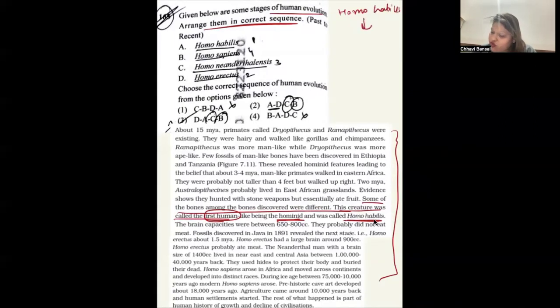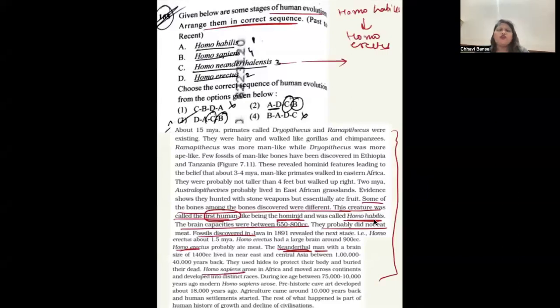After Homo habilis, they found the fossils of Homo erectus. So second is Homo erectus. Third, the Neanderthal man, Homo neanderthalensis. And the fourth one is Homo sapiens.